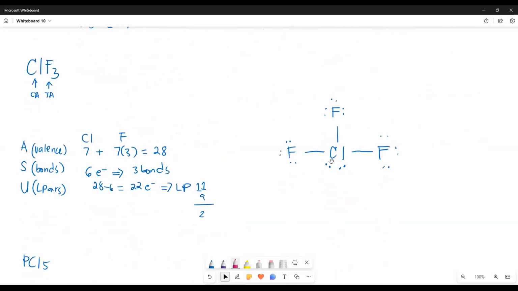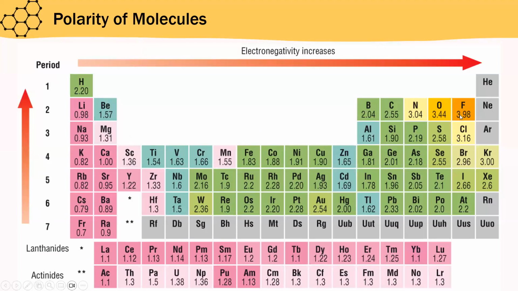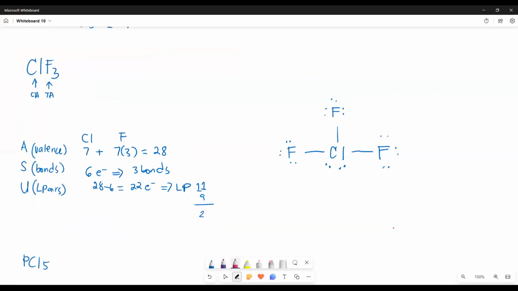How about chlorine and fluorine? If you look at our periodic table once again, fluorine is 3.98 and chlorine is 3.16. If you take the difference, I'm going to use my calculator once again. Maybe I can do it mentally. I think that's 0.82, if I'm not mistaken.